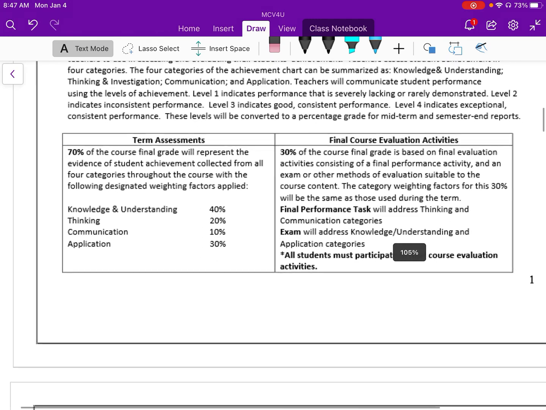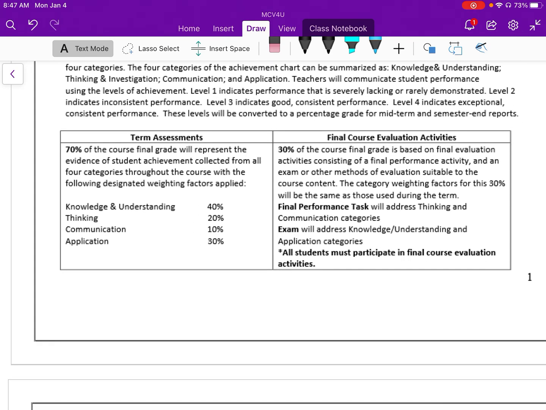So that'll come in the second half of the course. When we take a look at the breakdown, every time we do an evaluation, you're going to see the four categories that will be assessed. Knowledge is the most important. It's the most weighted. It's 40%. Application is 30, thinking 20, and communication is 10. And I will be very picky with communication.